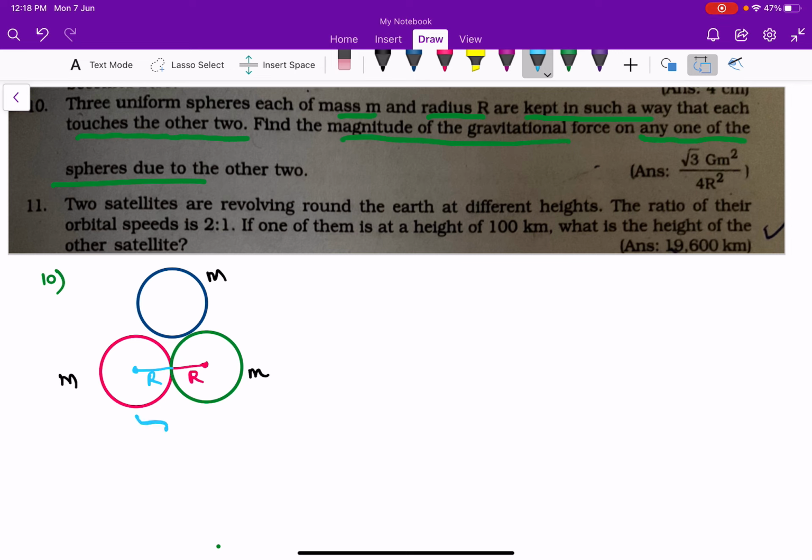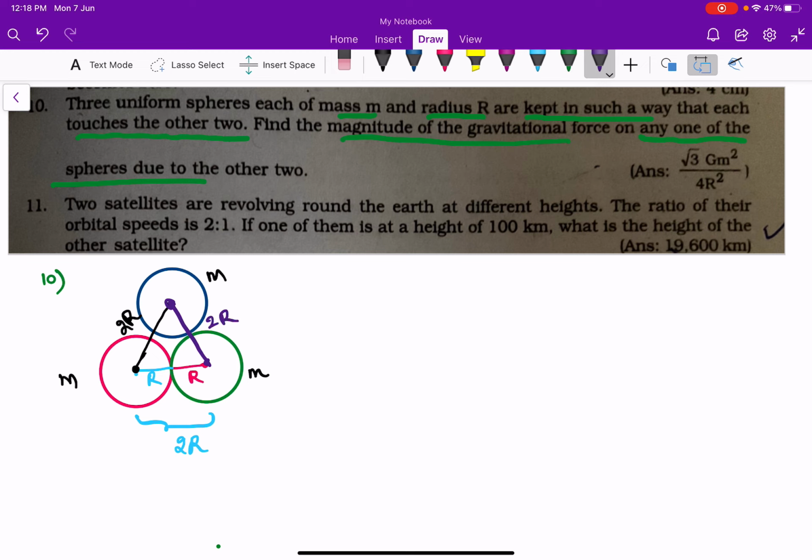So the center to center distance between these two spheres is 2r. The distance between the center of this sphere and the center of this sphere is again 2r, and between these two is again 2r.